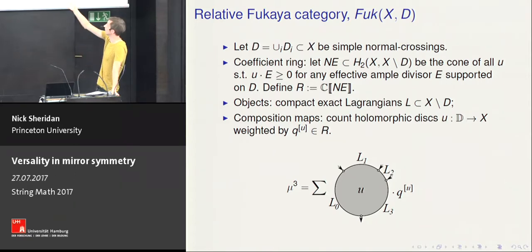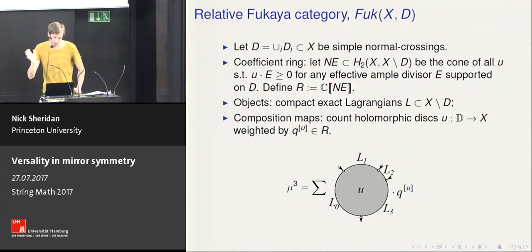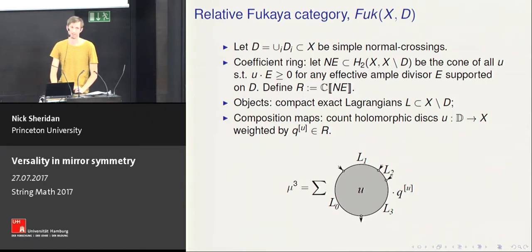So we look at the cone of all relative homology classes, H2 of X relative to X minus D, which pair non-negatively with any effective ample divisor supported on the divisor D. And we define our coefficient ring to be formal power series with monomials in that cone.